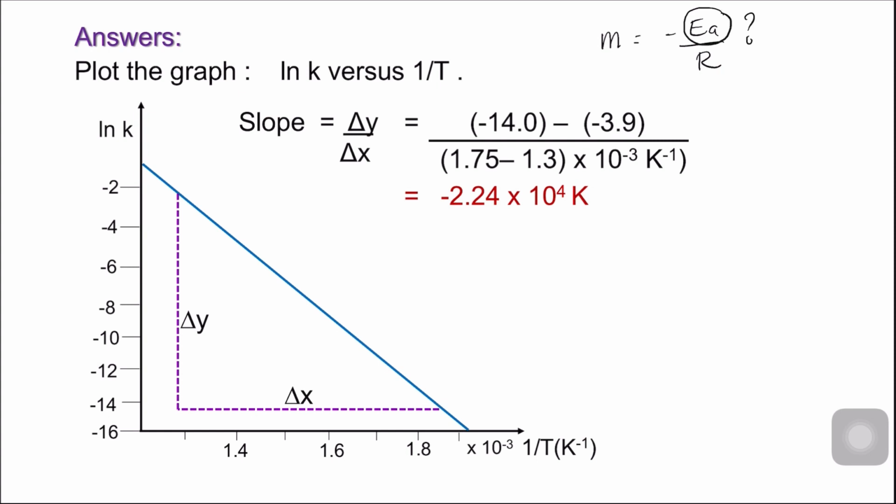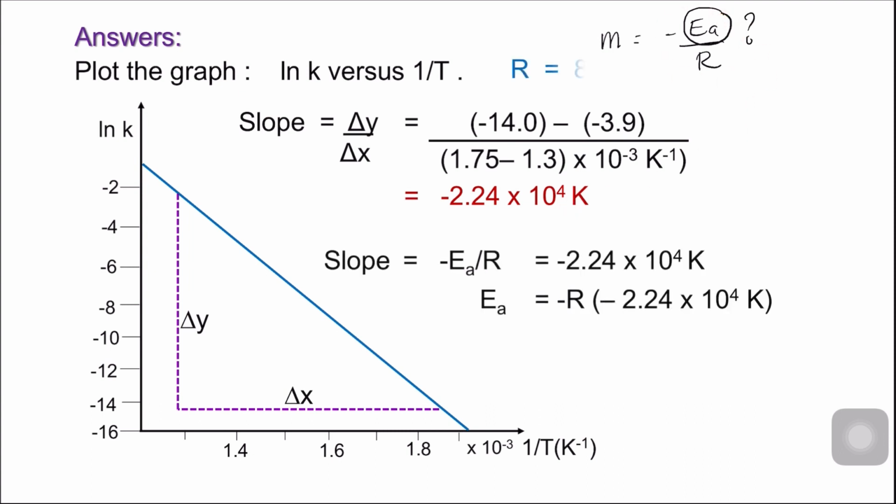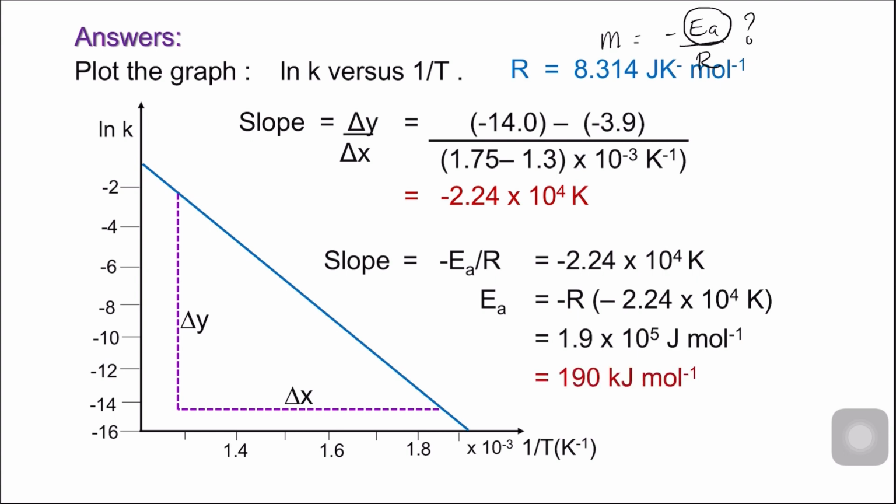So, I will insert this value, I will equate it with this expression to calculate Ea. So, rearrange, I will get my Ea with gas constant 8.314 and I will get joule per mole. But, the question asks for kilojoule per mole. So, must write in kilojoule per mole. I will have my final answer 190 kilojoule per mole.